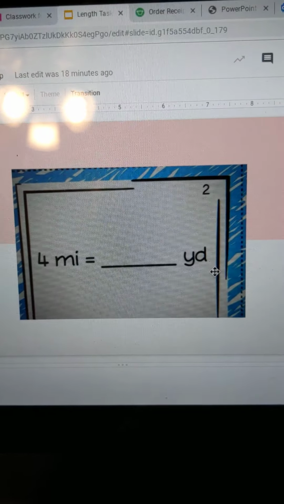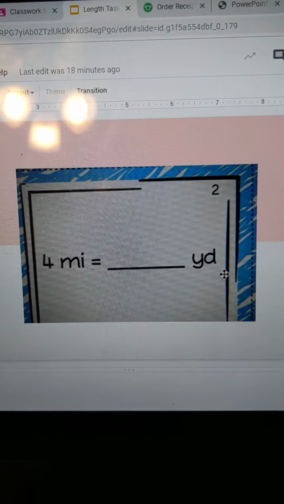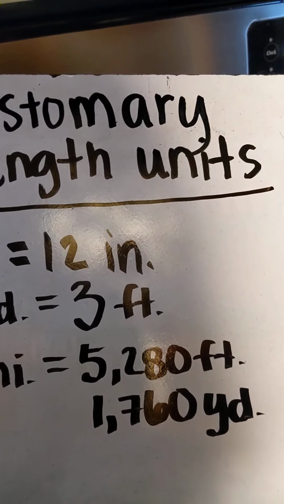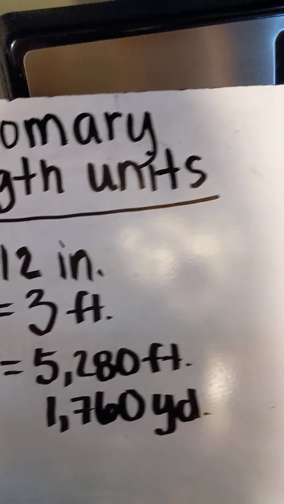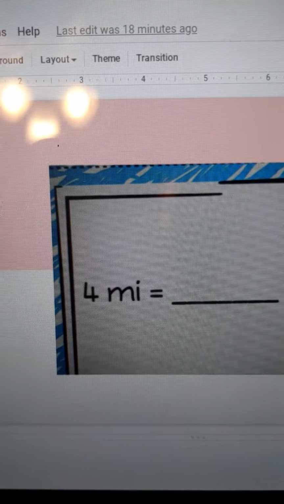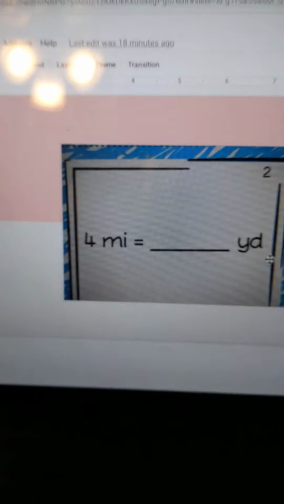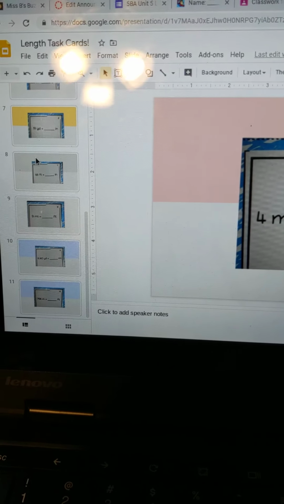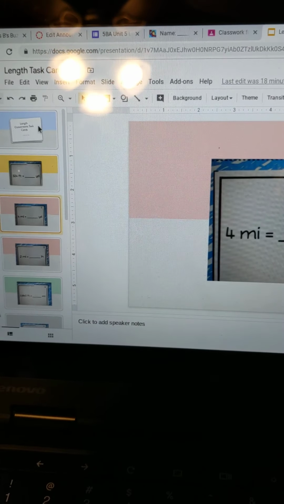Okay, we know now that there are 1,760 yards in 1 mile. So we're going to multiply 1,760 by 4 to get our answer. Okay, you'll go through all 10. Here they are. And like I said, they're all customary length units.